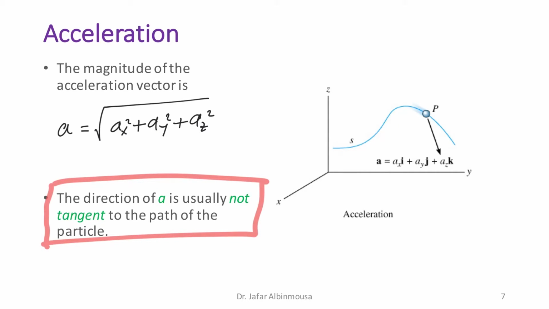The direction of a is usually not tangent to the path of the particle, as shown over here. So if I draw the trajectory, it is definitely not tangent at that point, because the tangent would probably at this point be somewhere over here. Okay?